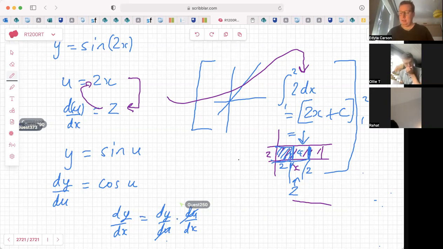So we just times it together. We've got 2, which is du by dx, times cos u. We can then replace the u with the 2x again. So the derivative of sine 2x is 2 cos 2x.